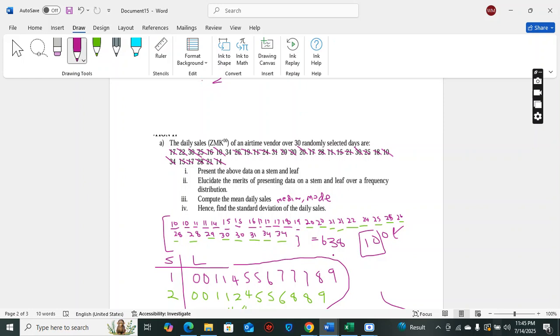Divided by 30. Because remember, you put summation of x. This is the formula for the mean: summation of x divided by n. X just represents these daily sales. So you say 638 divided by 30.